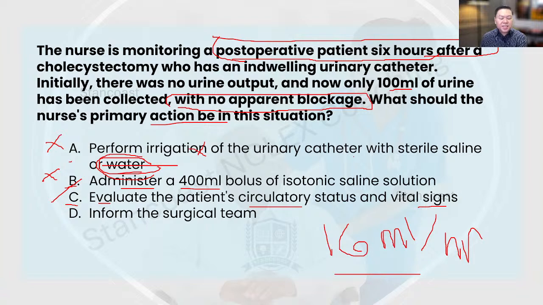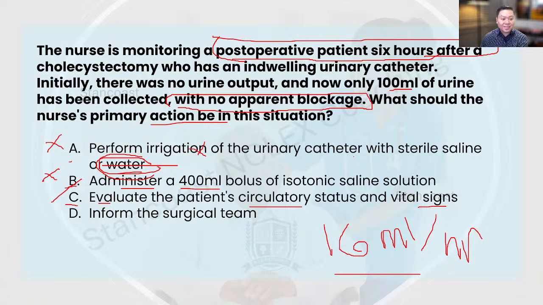Now, another test-taking strategy here is to remove those distractors and eliminate incorrect options. We have to take out those options that do not address the immediate concern or can potentially harm the patient. So in this case, options A and B can be eliminated because they focus on interventions without first assessing the patient's condition.